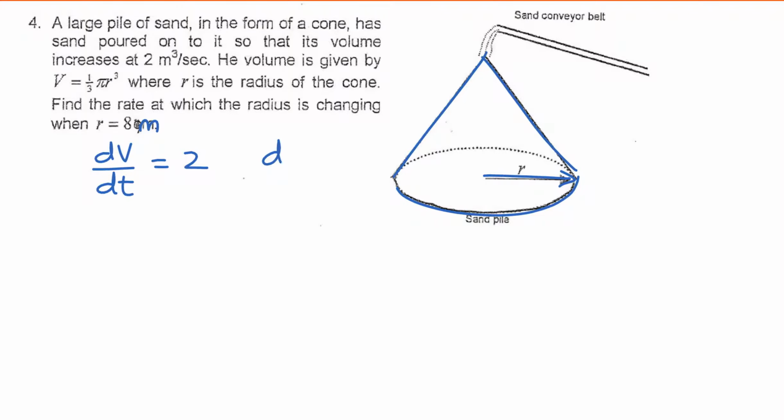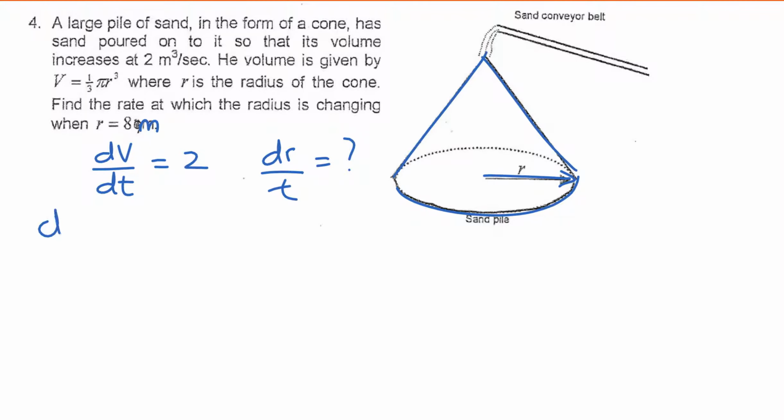We want to find the rate at which the radius is changing with respect to time, isn't it? With respect to time. Can you see that? That's what we want to find. That's our ultimate answer, isn't it?